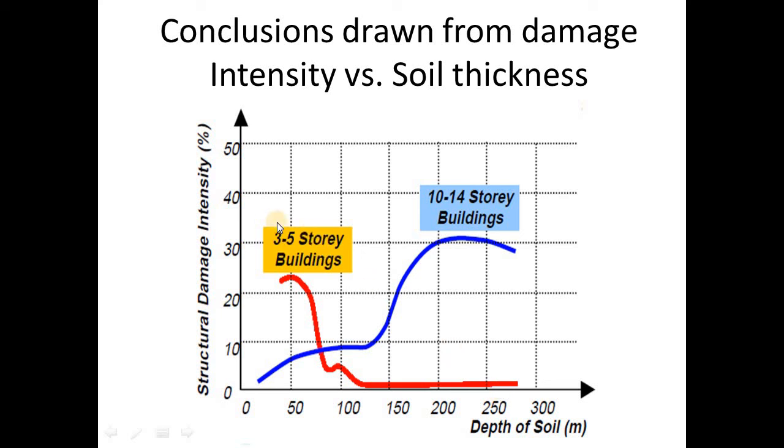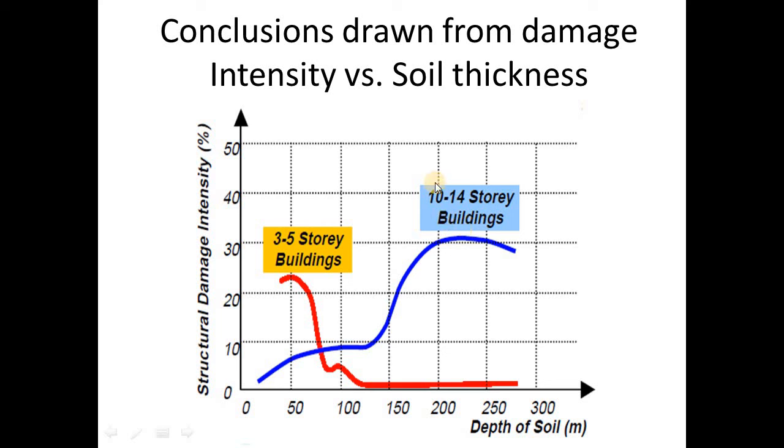So when the short waves are filtered, only long waves are reaching the building, and it wouldn't respond to long period waves, because the building is of short period length. And the same thing applies to the high-rise building. When they were located in an area where the soil thickness was high, they experienced severe damages because the only waves that did reach those buildings were of high period. That means the soil did filter the short and did not filter the long period ones.